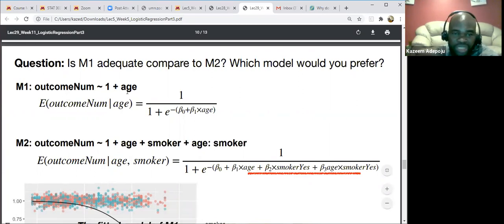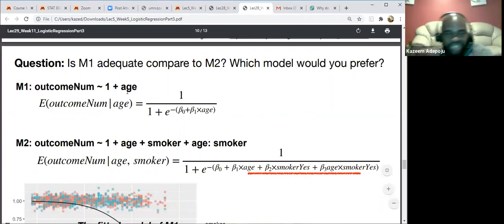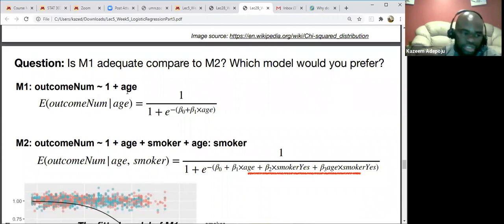You remember the other time, we are still using the data set where the outcome variable is alive or dead. So right here we are looking at the effect of age on the outcome, and the outcome is alive or dead. That's what we're trying to look at in this model.